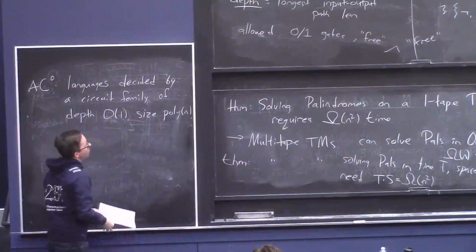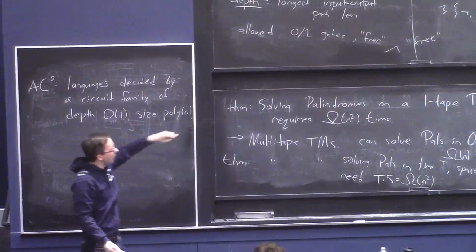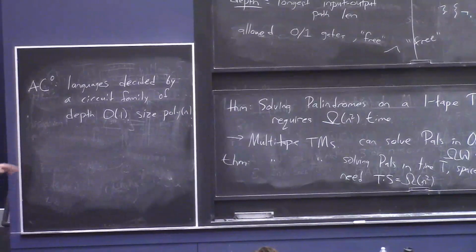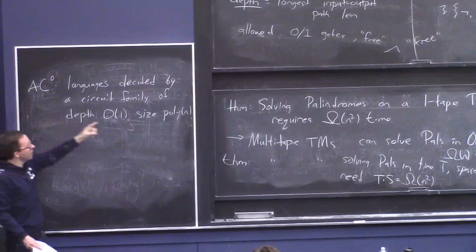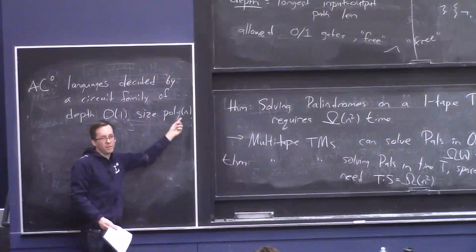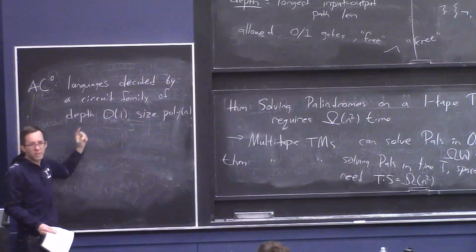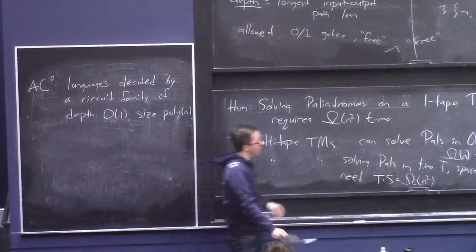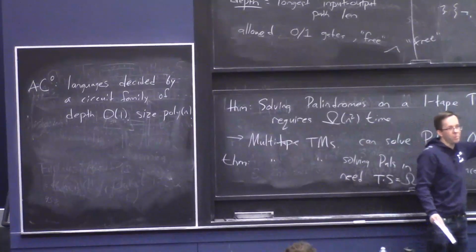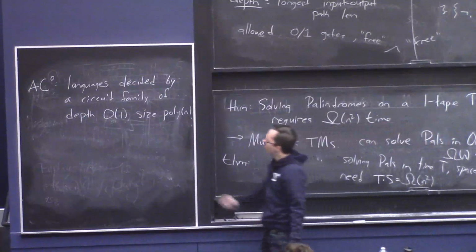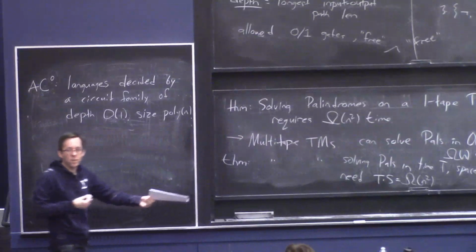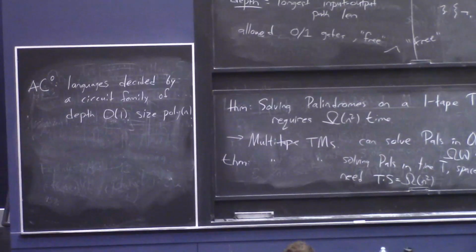Here I'm talking about being in model 3 where you have AND and OR gates of any fan-in. So these are all the problems that you can solve efficiently in terms of work, a polynomial amount of overall gates, but in constant parallel time. So these are very efficiently solvable problems. They include things like palindromes, and although it's not quite a language, adding two n-bit numbers can be done in this class.